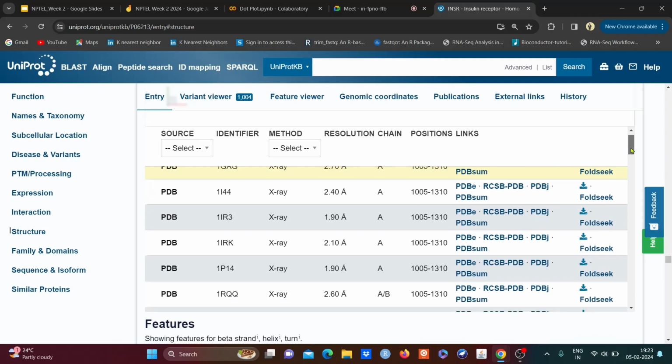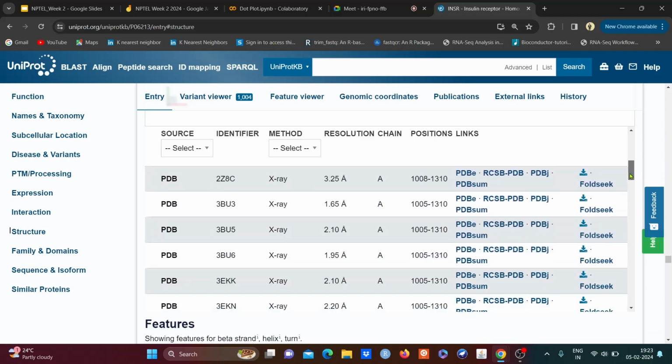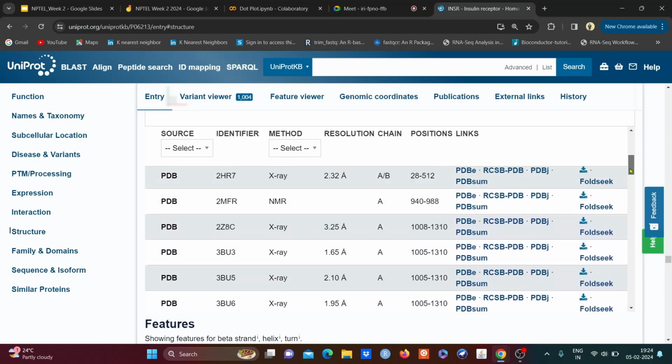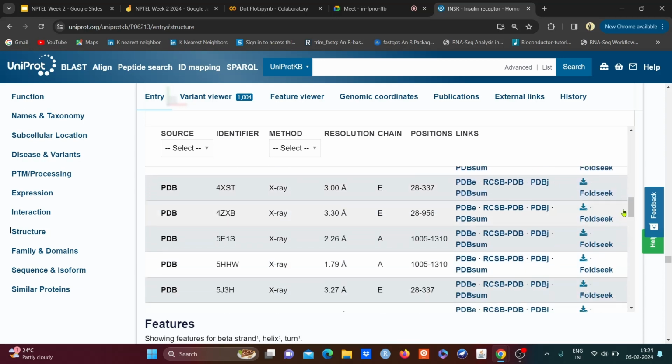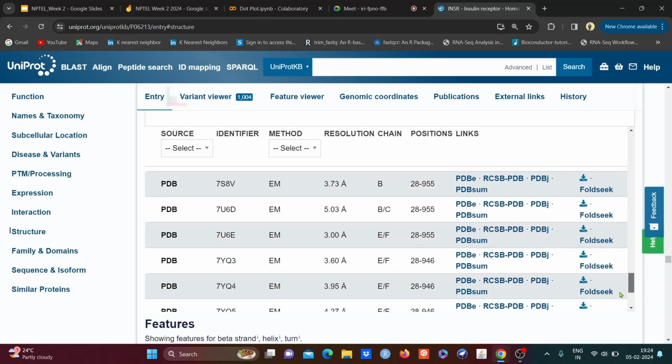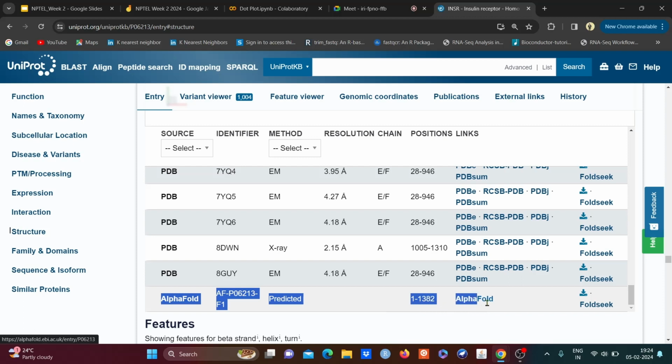Here I can see some X-ray based PDB entries, NMR based also we have, 2MFR, and when you come to the end of this list, you identify an AlphaFold related entry.